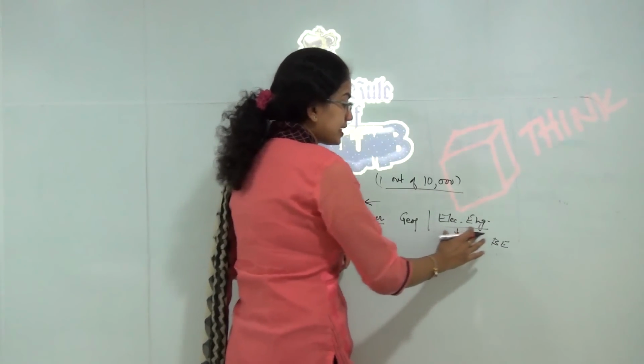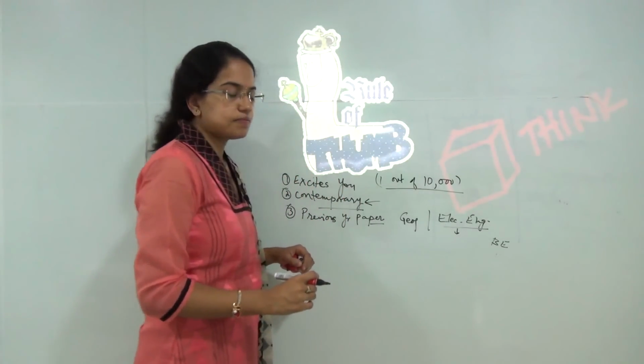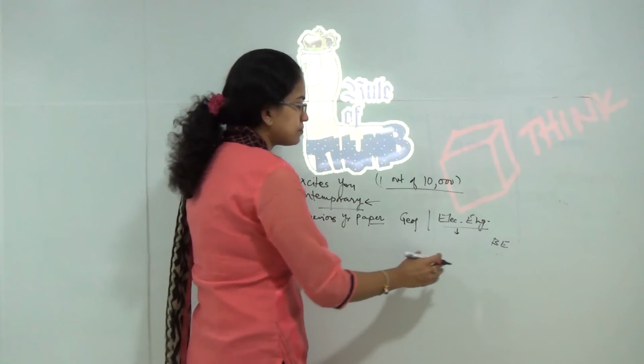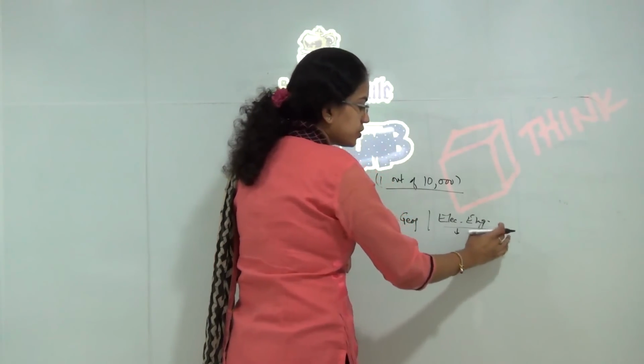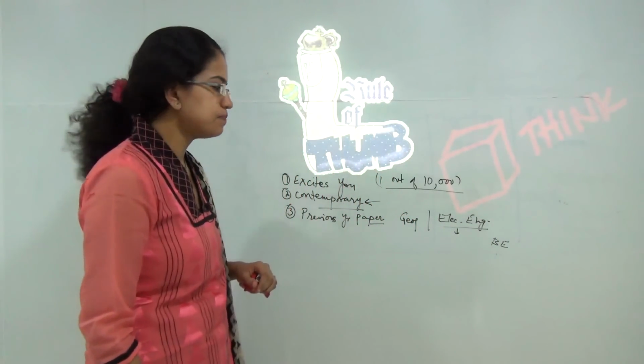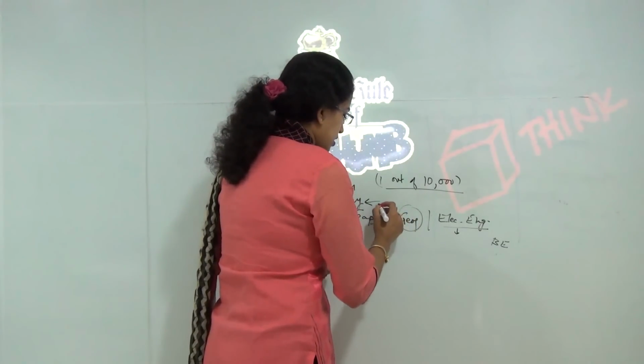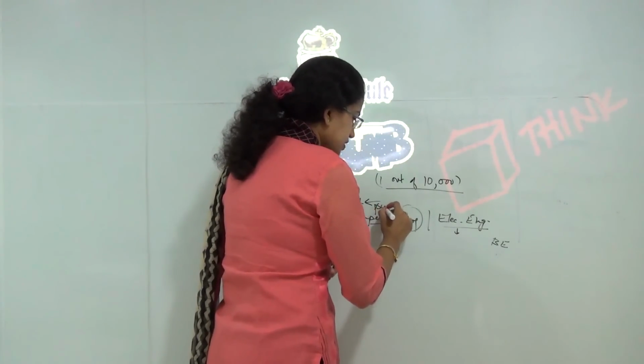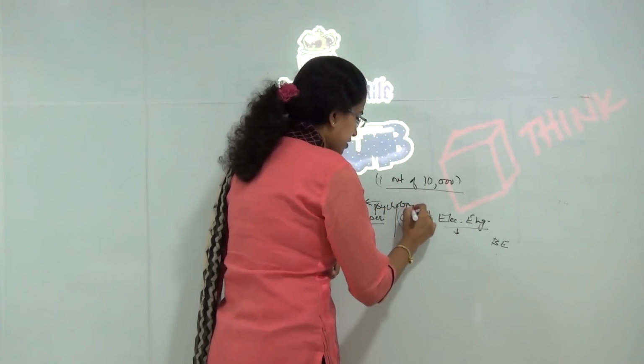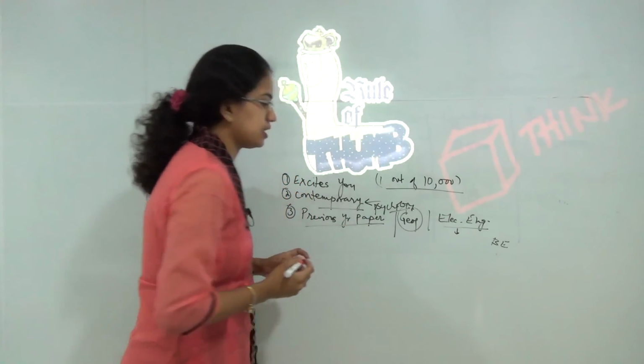So it's better that he opts for electrical engineering. On the other hand, a person who does not have a good score in electrical engineering can opt for an alternative subject like geography or psychology or any other subject by referring to the previous year paper.